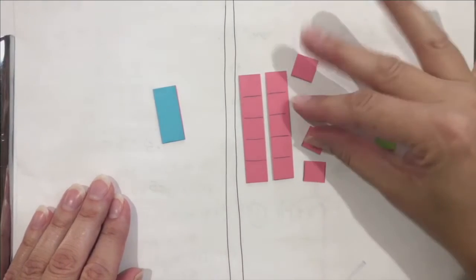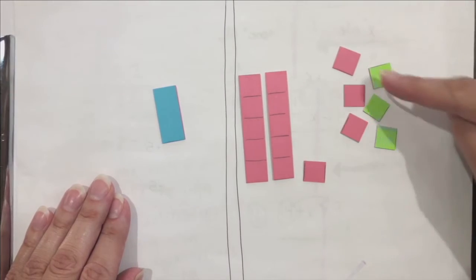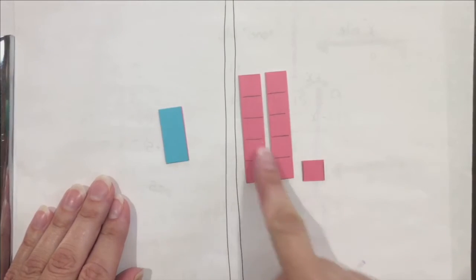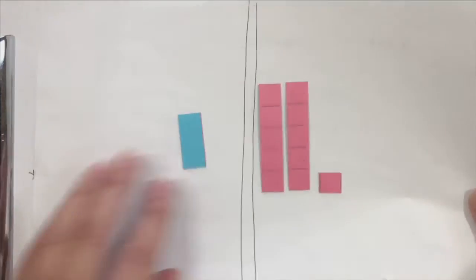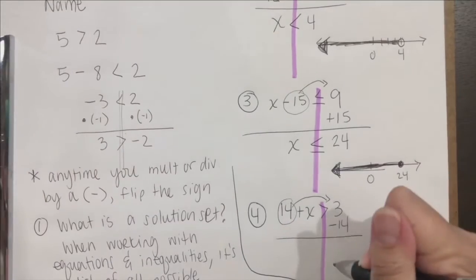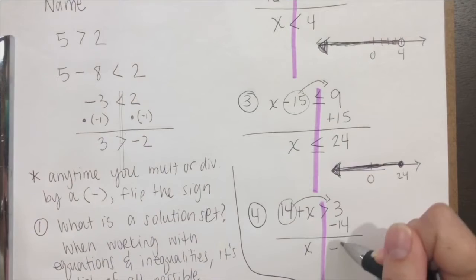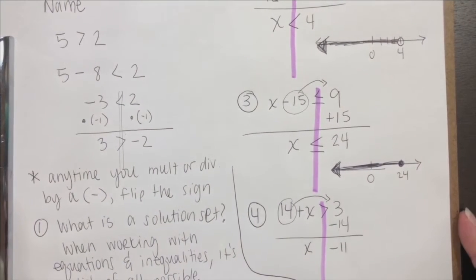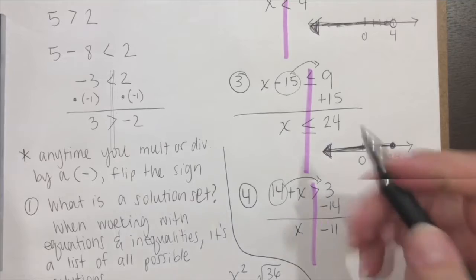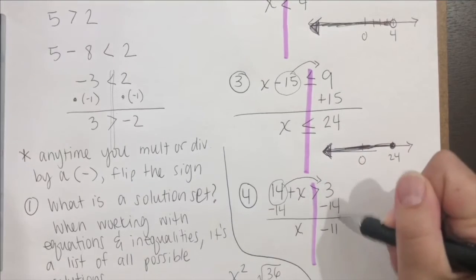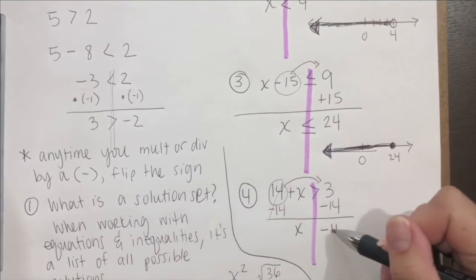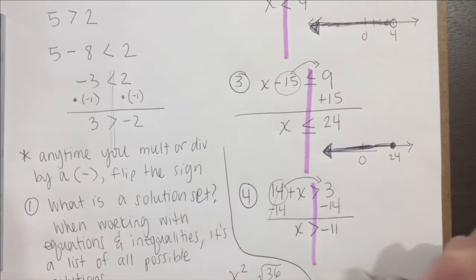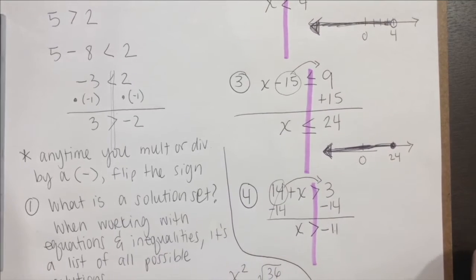So I can take 3 negatives, cancel them out with the 3 positives, and I have x and negative 11. And we didn't divide or multiply by a negative, we just flipped. In other words, we subtracted 14 here and subtracted 14 here, those canceled out. We left negative 11. The sign stays the same, so x is greater than negative 11.